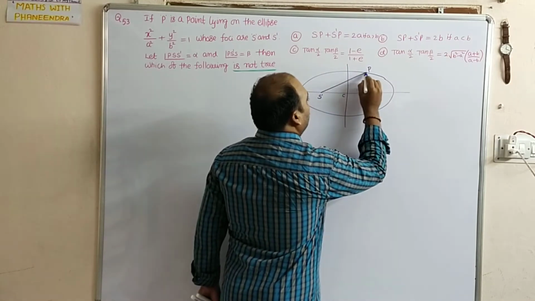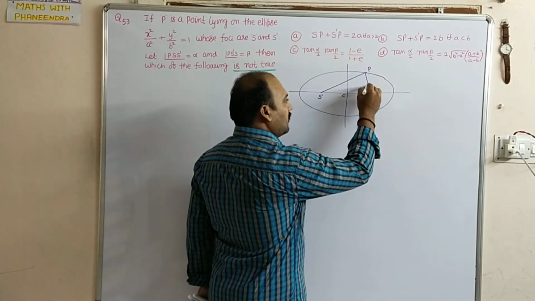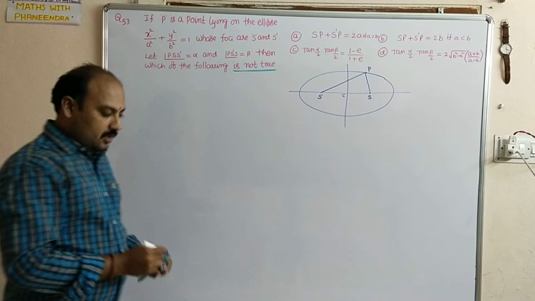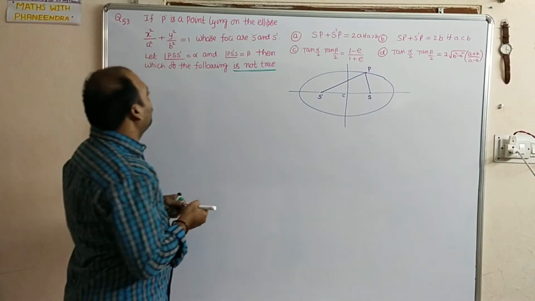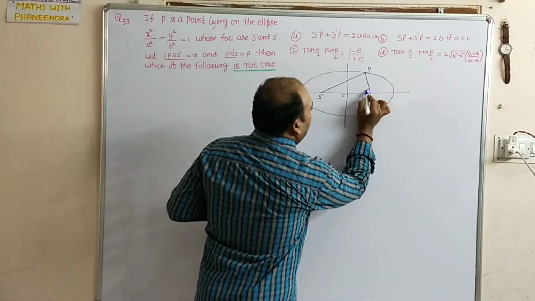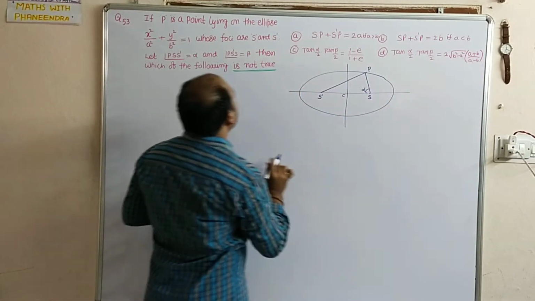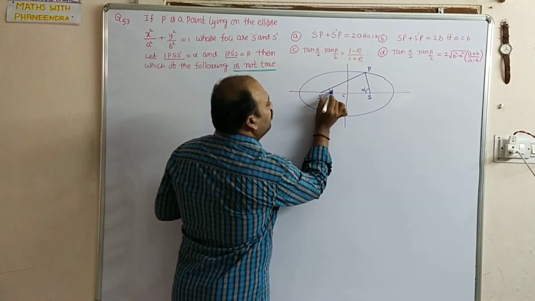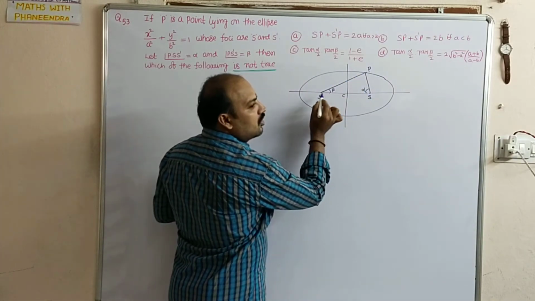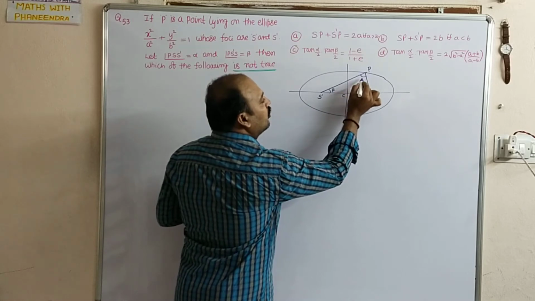Join S dash P and SP, and according to the question, angle PSS dash equal to alpha. This is alpha. Angle PS dash S equal to beta. So whenever these two are alpha, beta, obviously the third is gamma. No need to mention.